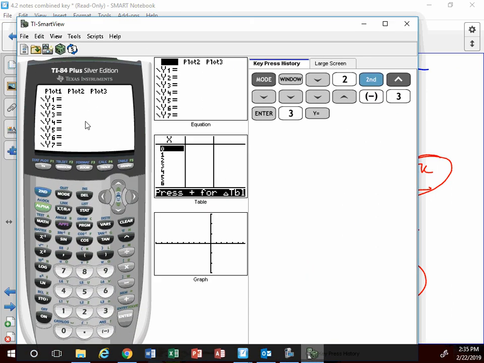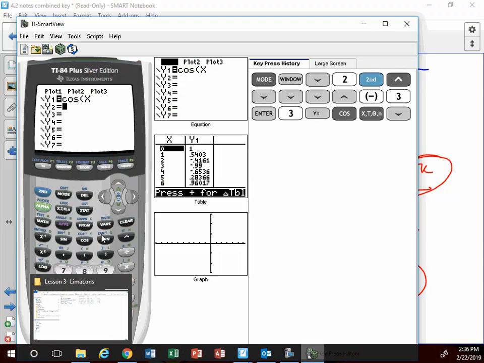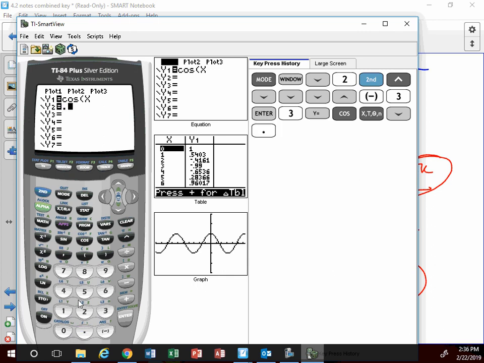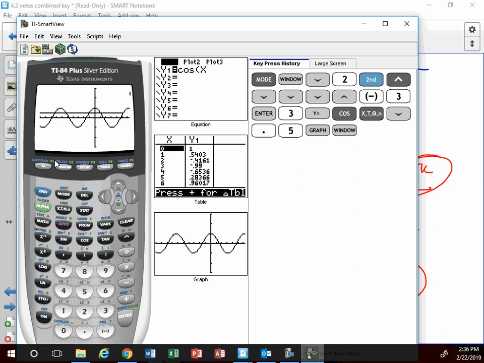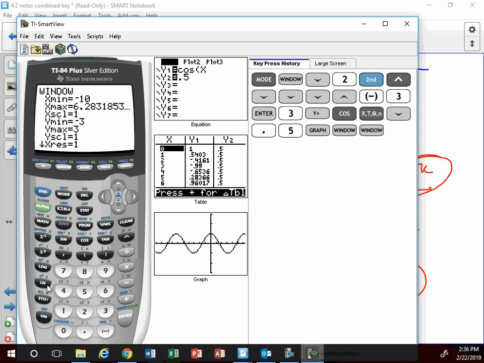If I started with just cosine of x and 1/2, let's look at that graph. Let me change my window.